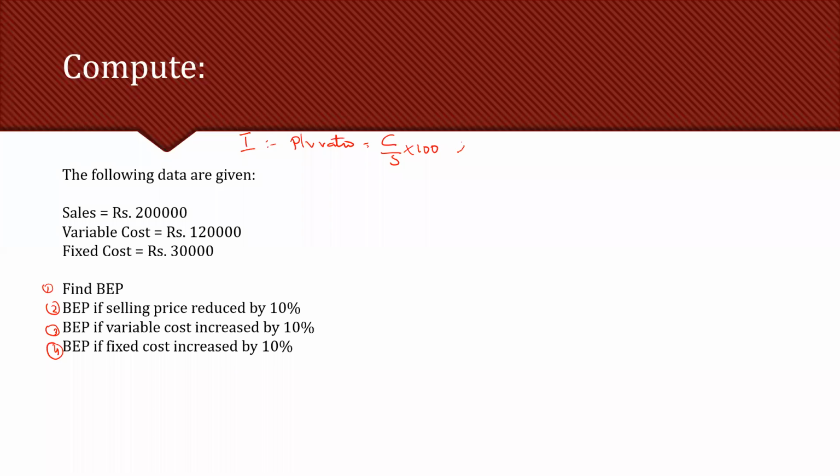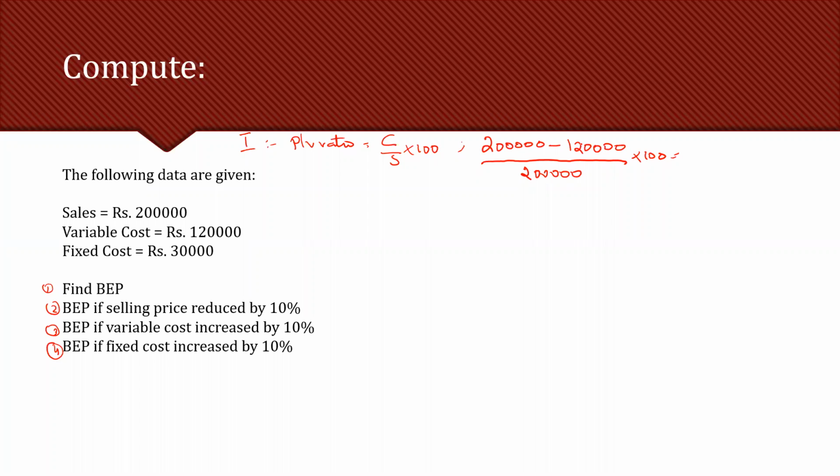How to find out contribution? Sales minus variable cost. Sales volume is 2 lakh, minus variable cost 1,20,000. 1,20,000 divided by sales, how much? 2 lakh, into 100.